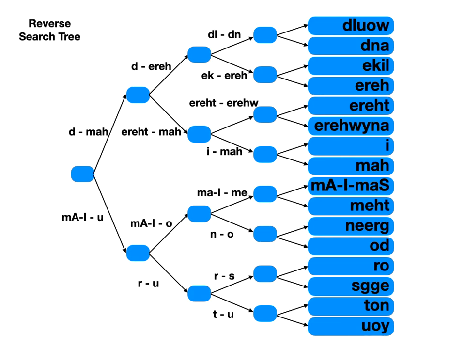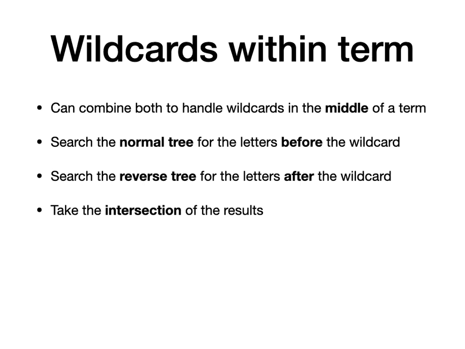Now that we have both of these available, we can do both. We can know how the word begins and how the word ends, and combine the results. We search the normal tree for the letters before the wildcard, and the reverse tree for all the letters after the wildcard.